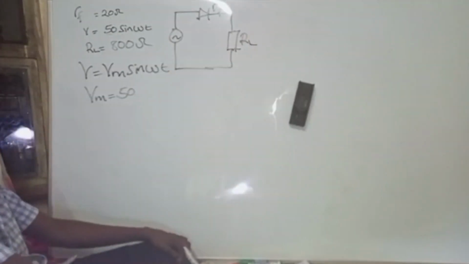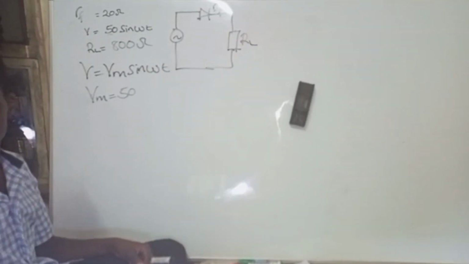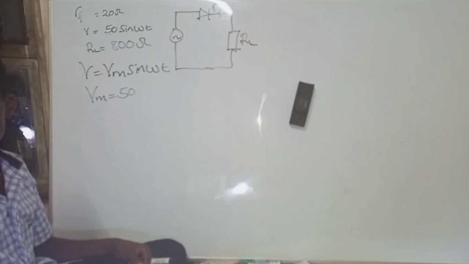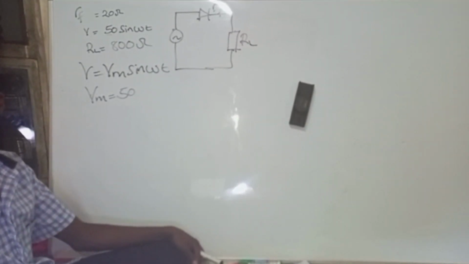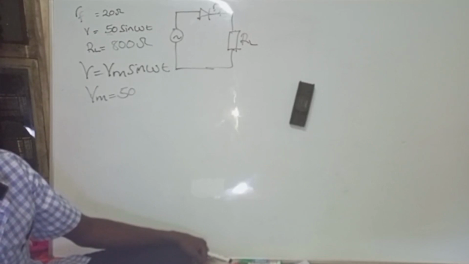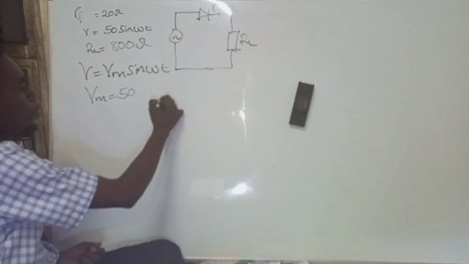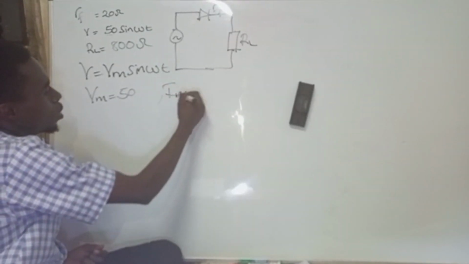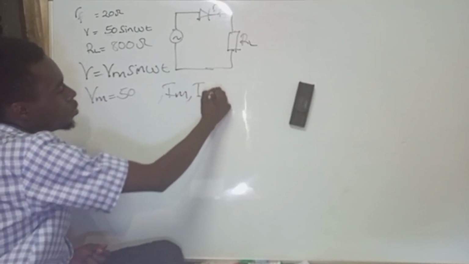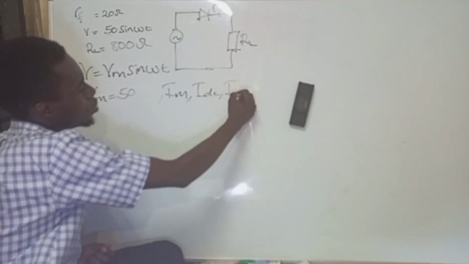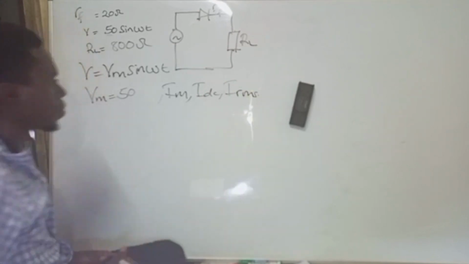Now, if they've given me Vmax, in the question they want me to find IM. They want me to find the DC voltage, and then also the RMS.